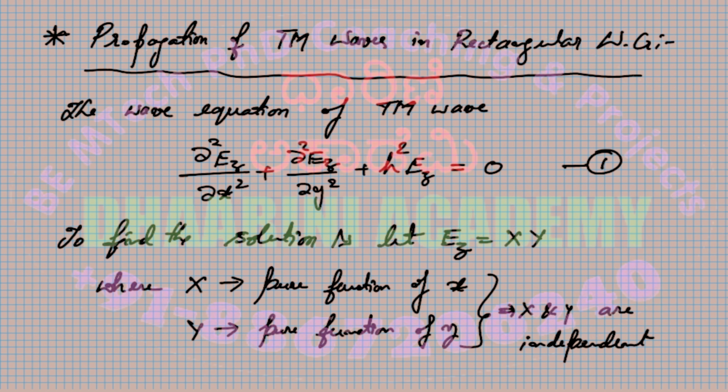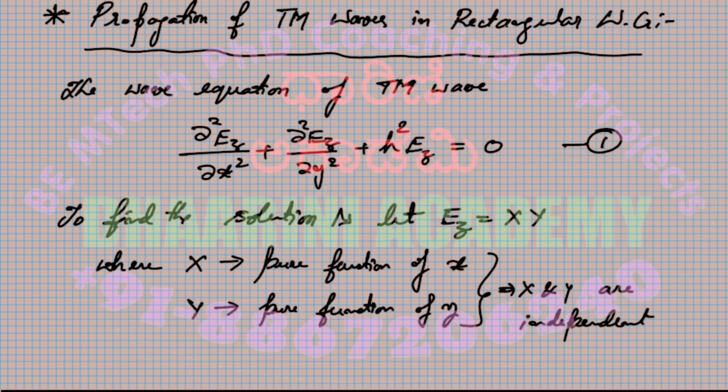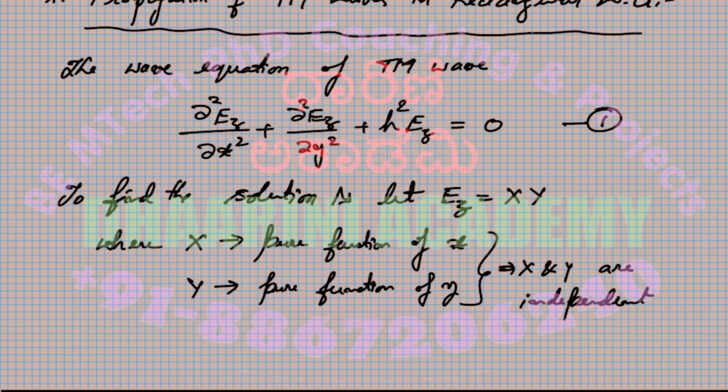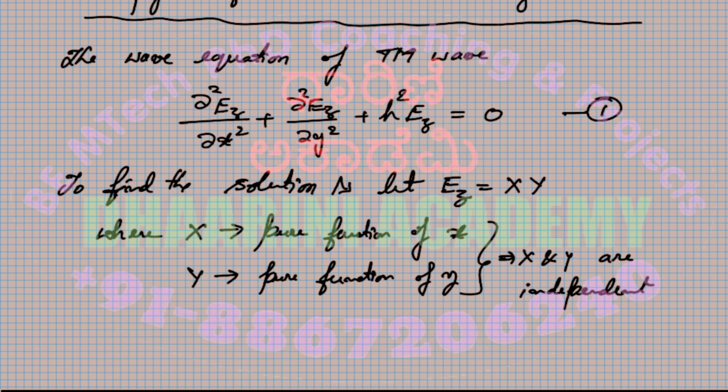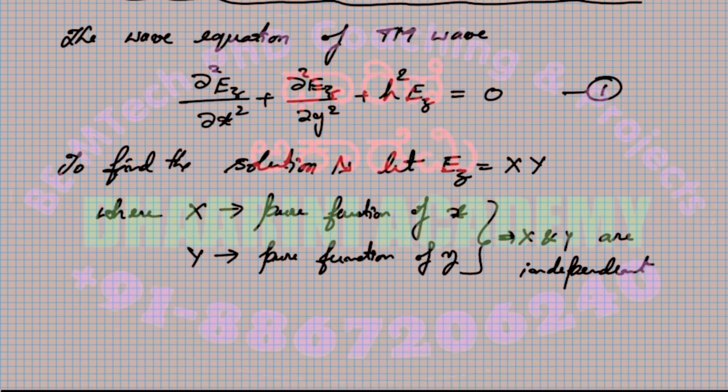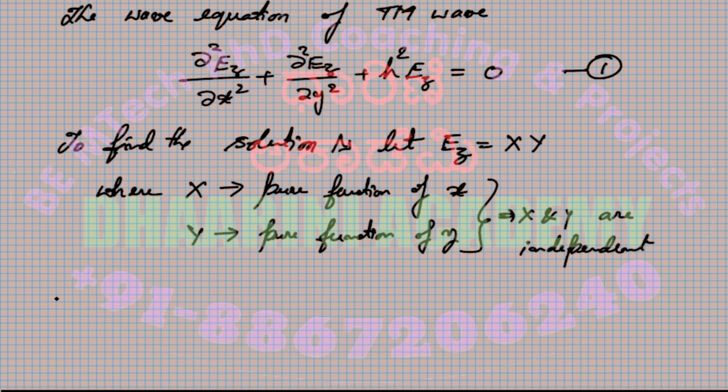Let me write the two parameters I require according to equation number one. Equation one says I need dou square Ez by dou x square. We assume that Ez is equal to this product.